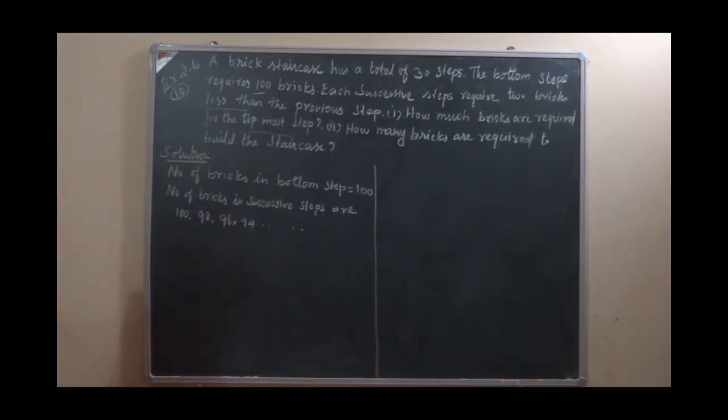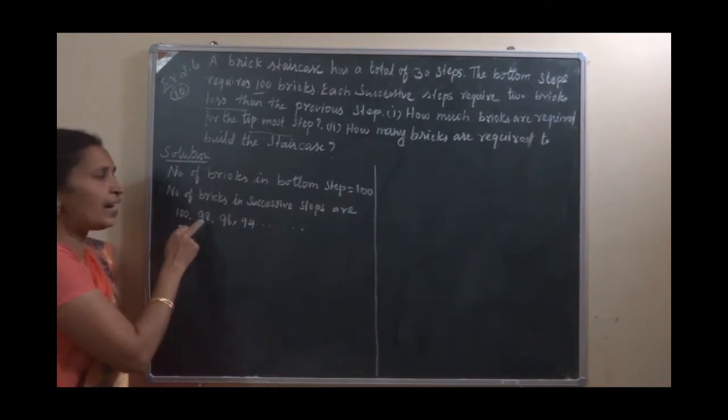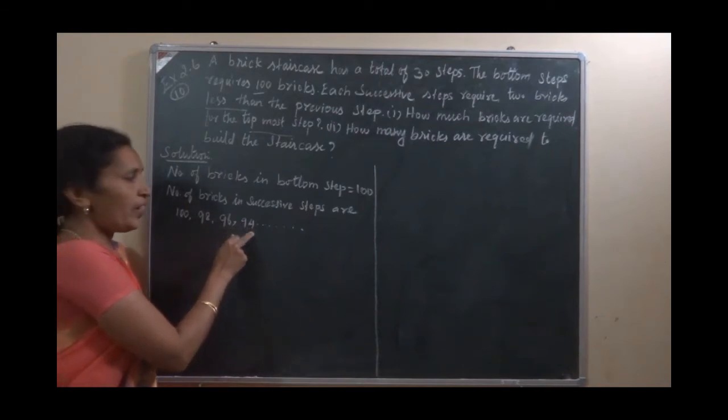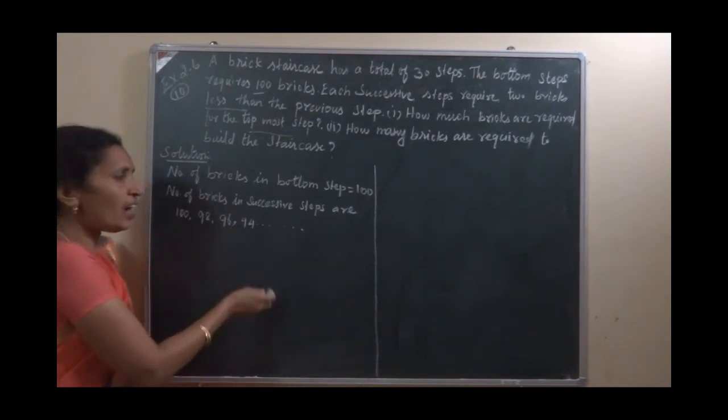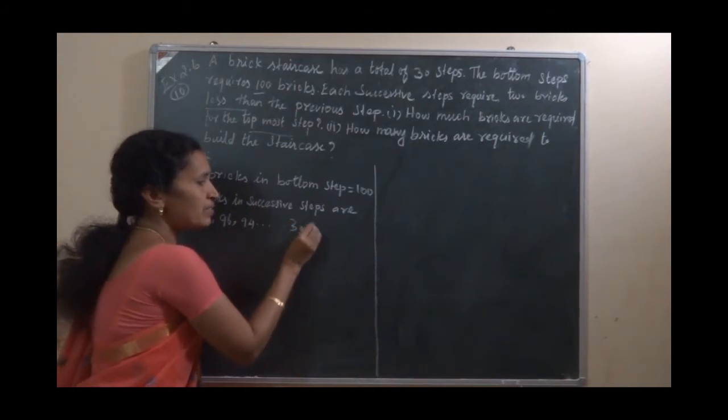Number of bricks in the bottom step is 100. Number of bricks in successive steps, you can write 100, 98, 96, 94, etc., up to 30 steps.